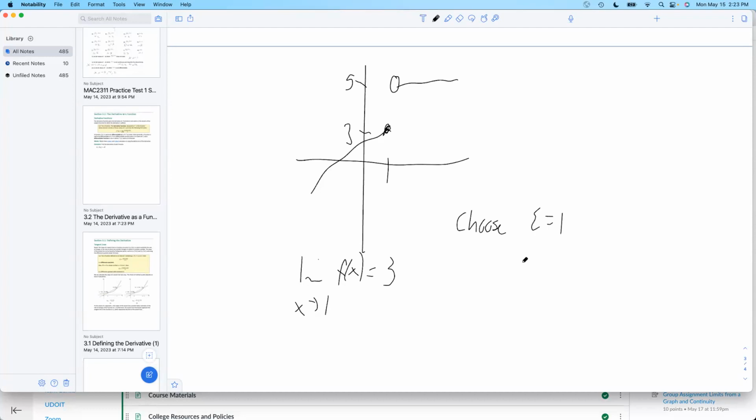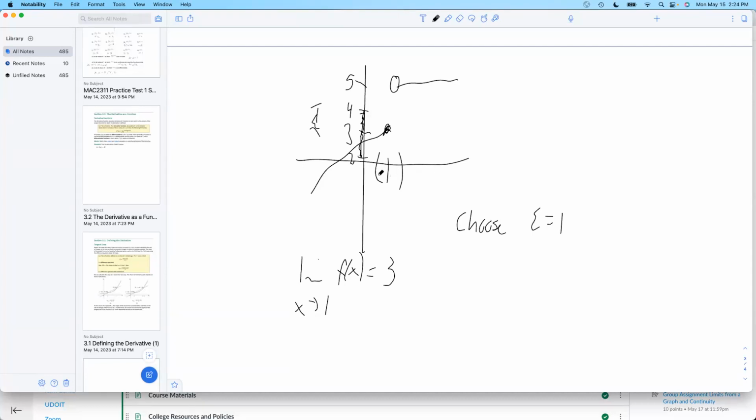So that means there should be some region around here so that all the y values live between 2 and 4. That's my epsilon there, that distance. But it won't work.